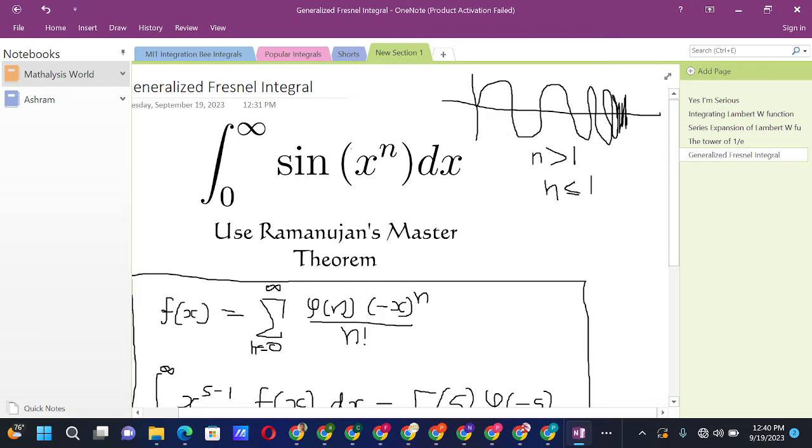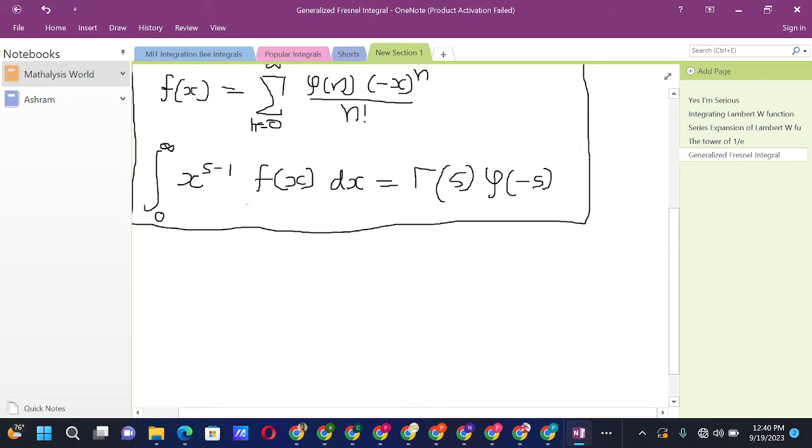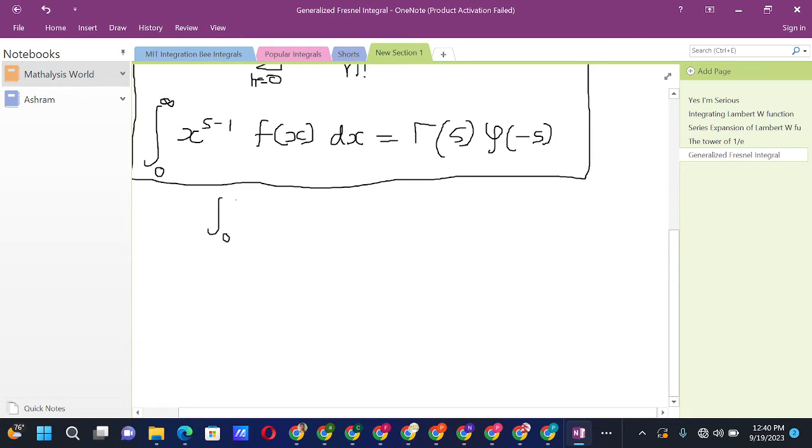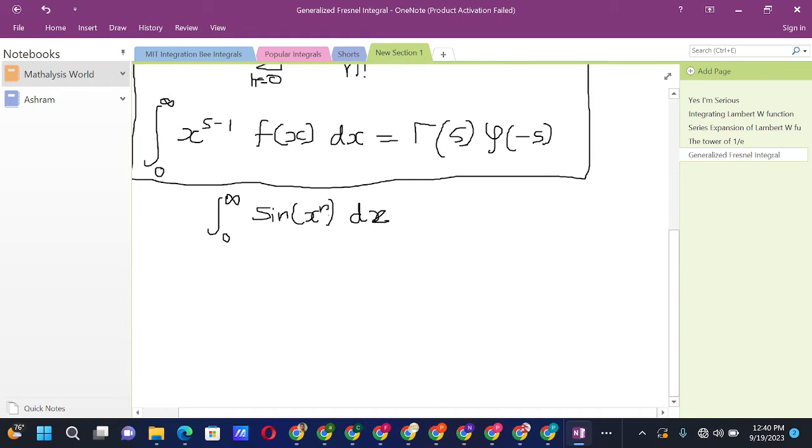Now, after we have discussed the convergence, we are ready to solve this integral using Ramanujan's technique. So we have the integral from 0 to infinity of sine of x to the power n dx. We first try to simplify x to the power n, since sine of y is going to be our f of y to find the function phi.